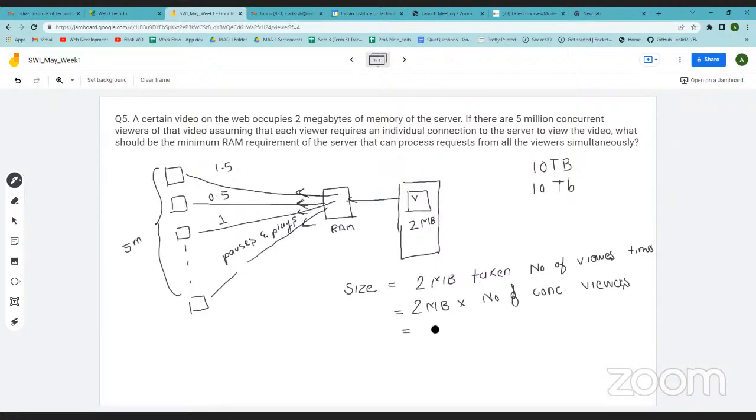So in our case, it's 5 million. We'll multiply this 2 megabytes by 5 million.